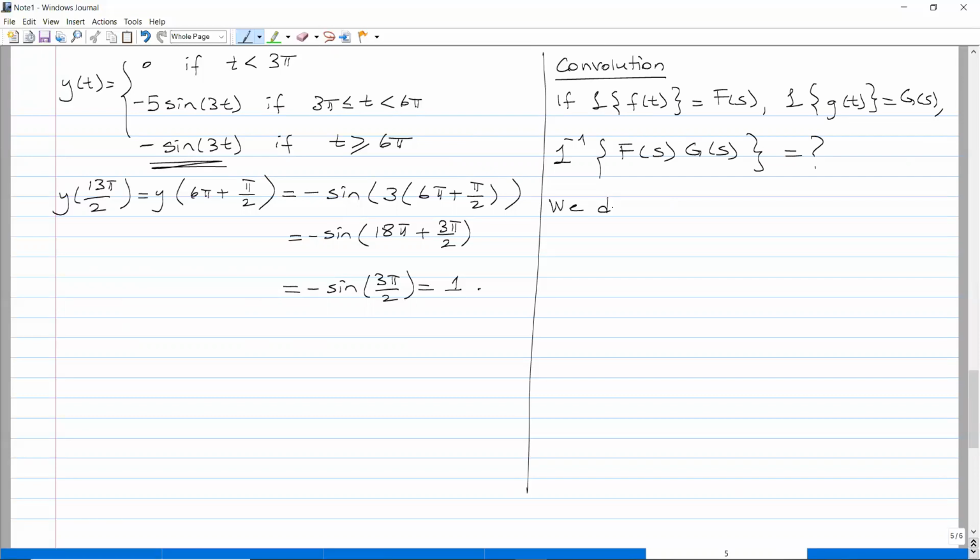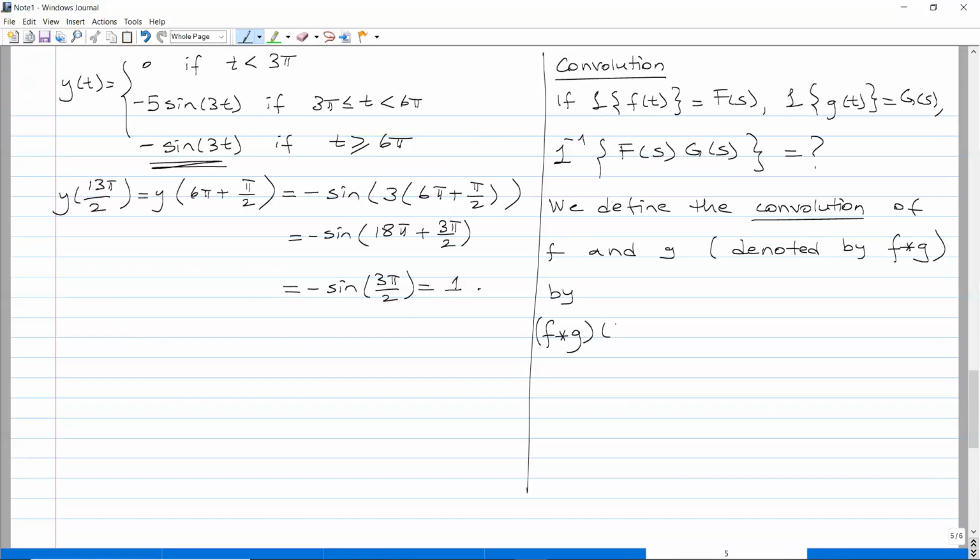We define the convolution of f and g, denoted by f star g, and we define it by, so it is a function. f star g is a function of t. We define it by means of an integral. We take the integral from 0 to t, and we need a variable for the integration.